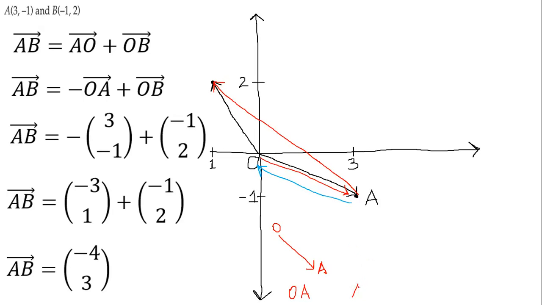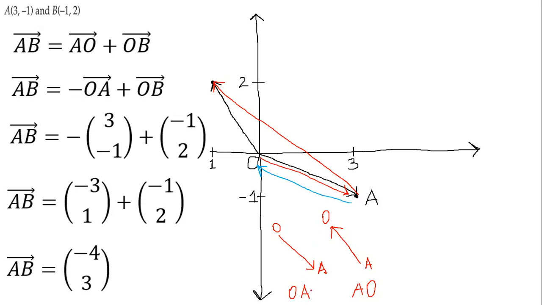So we're trying to draw the vector AO. How would we do that? It would still be the same magnitude, the same size, but we just start at A, and then we end at O. So it's the same thing. The only thing is that we're just going in the opposite direction. So AO is this. We start at A and we end at O.